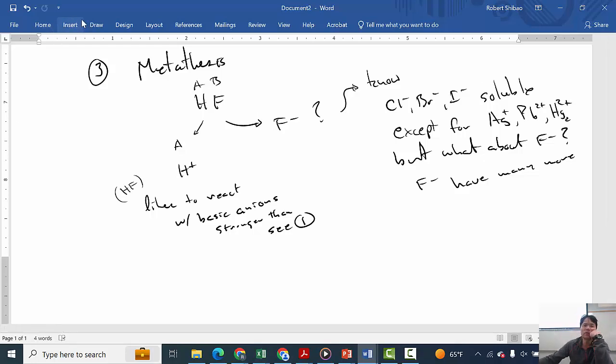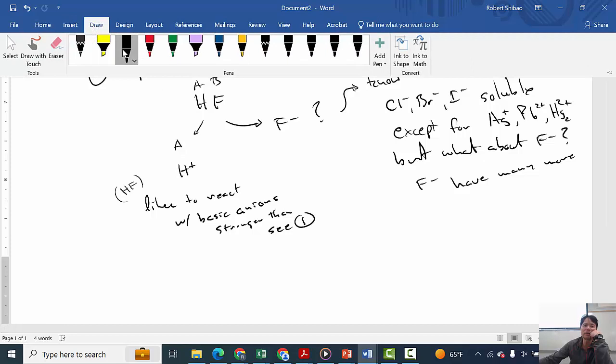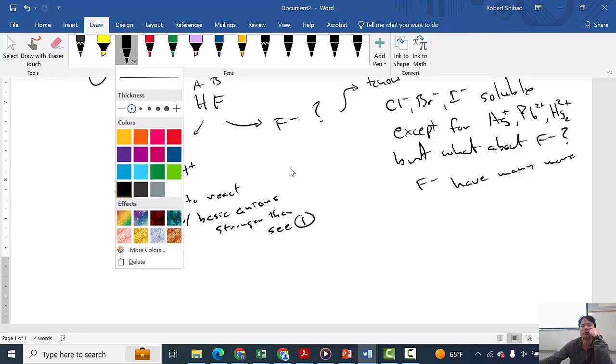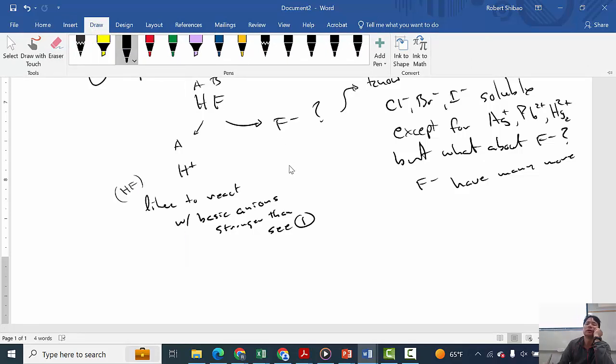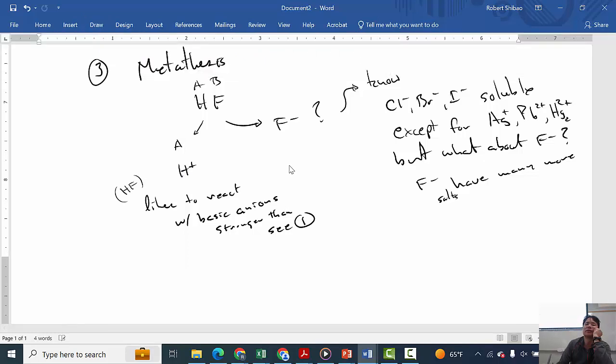Can somebody think of why fluoride would have many more exceptions? This is fluoride salts. They have many more exceptions because fluoride is more reactive.